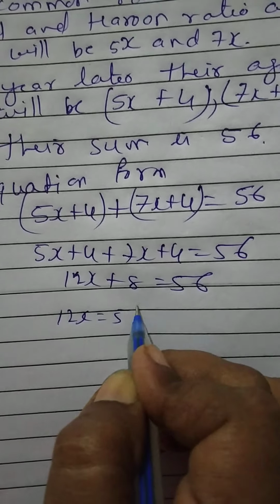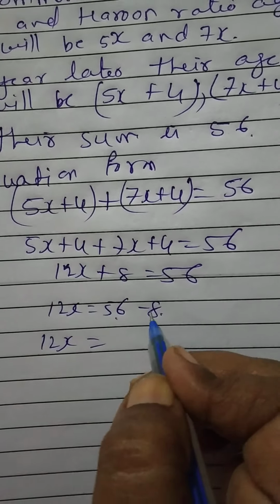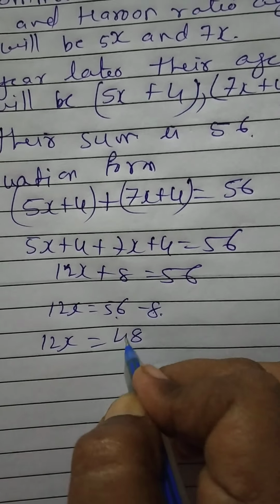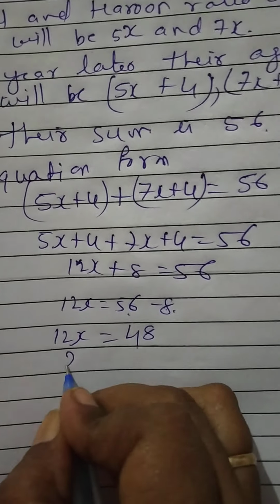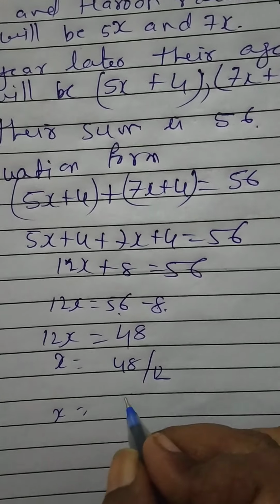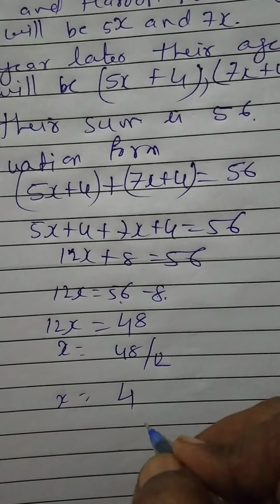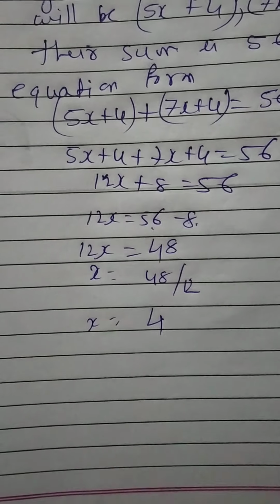So 12x is equal to 56 minus 8, which is 48. Now x is equal to 48 upon 12, so x is equal to 4. Okay, now we got the x value.